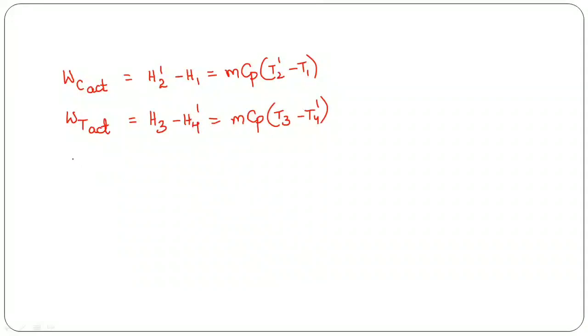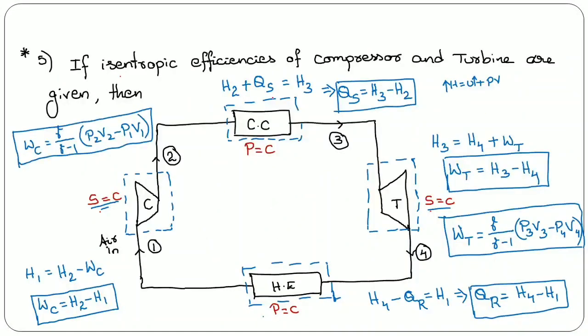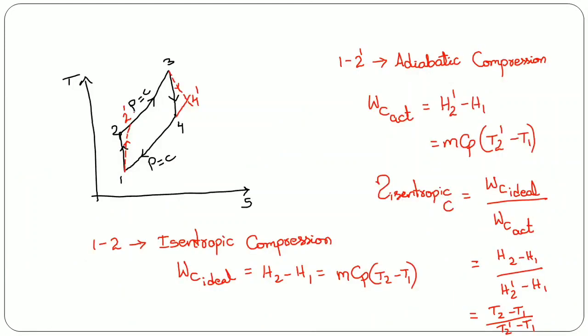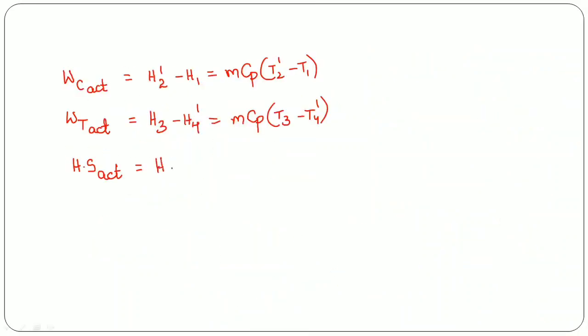Then heat supplied also we need to consider actual. Ideally heat supplied is H3 minus H2, but if you observe the diagram, the actual heat supplied is from 2 dash to 3 when isentropic efficiencies are given in the question. So we need to consider actual heat supplied as H3 minus H2 dash, or mCp (T3 minus T2 dash).